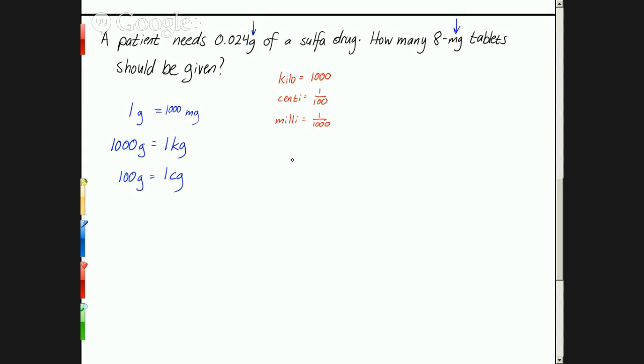So we say that we can write this as 1 gram per 1,000 milligrams, or 1,000 milligrams per 1 gram. We can always do that because we're saying that those are the same, and therefore they're 1, and we can always multiply by 1, for those of you who have done that sort of thing in math. So we can always make these kinds of fractions between equivalent things.